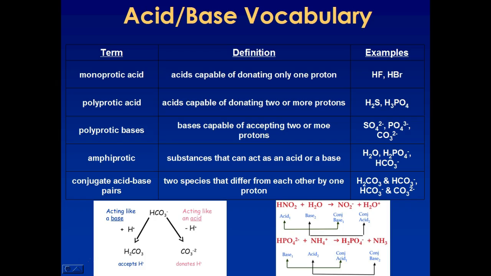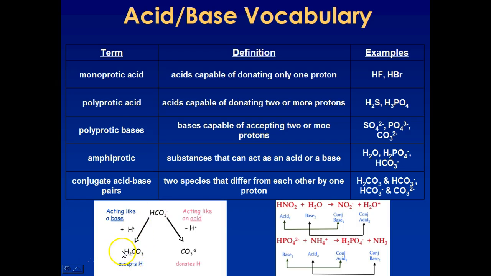If you are amphiprotic, you can act as both an acid and a base. I've got an example of that down here with HCO3-, which is why it acts like a buffer in your body. HCO3-, when a hydrogen is removed from it, when it's acting like an acid, will produce carbonate ions. And if it's acting like a base, it'll accept that proton, making H2CO3.